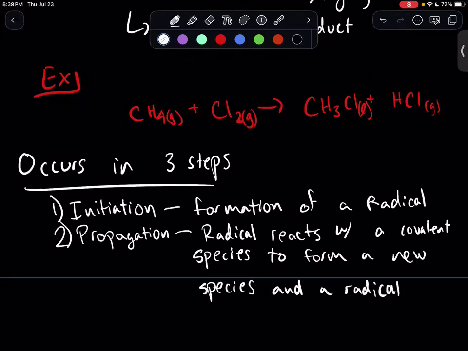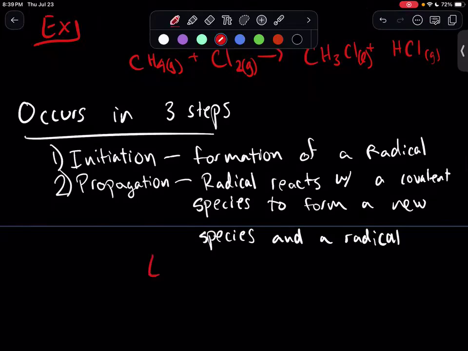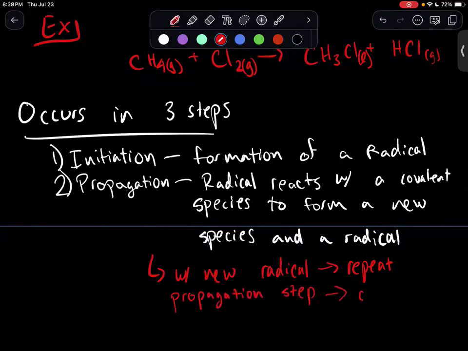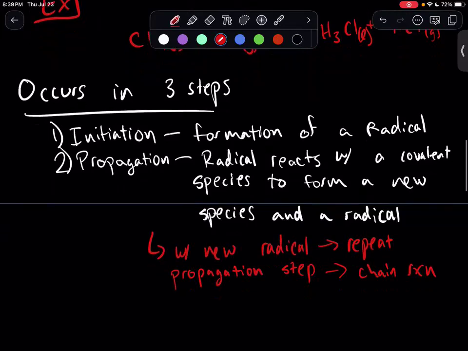So this is what we mean by propagation, because with the new radical, we can now repeat the propagation step. So this creates a chain reaction. So these radicals can just repeat forming new radicals while forming new compounds, and this is why we call it propagation. It's just propagating itself.